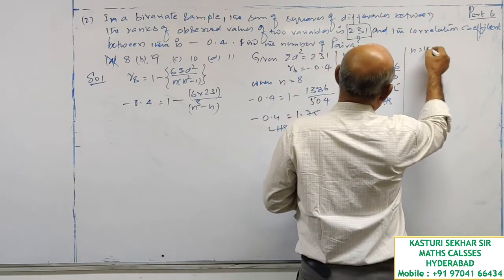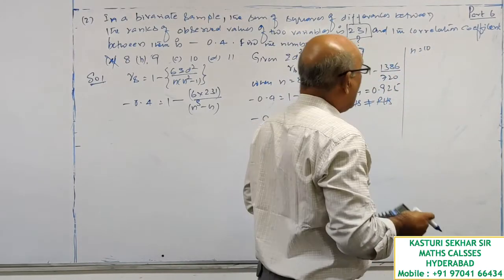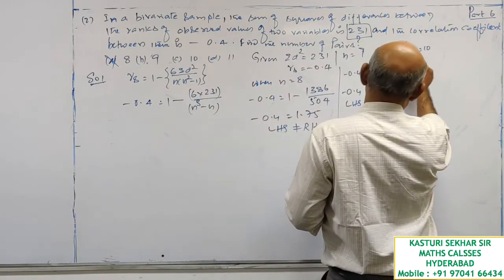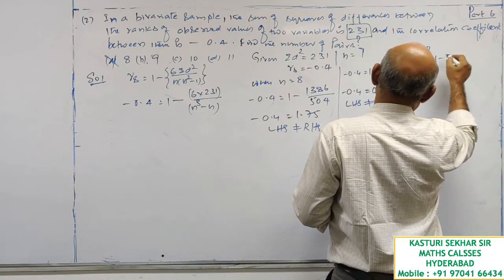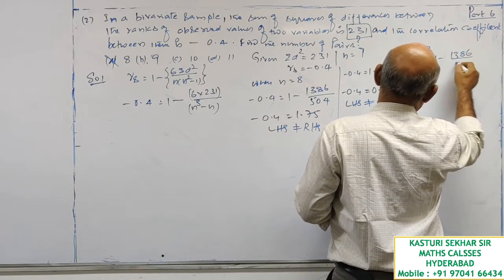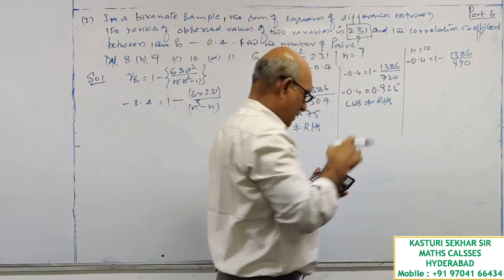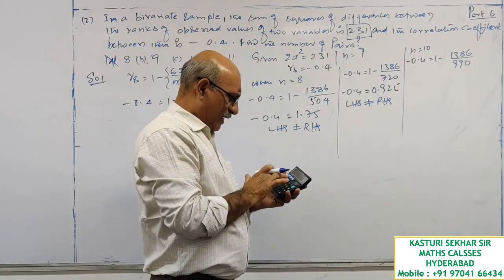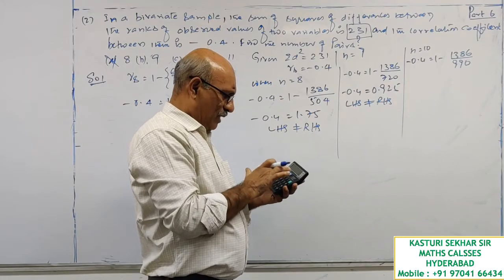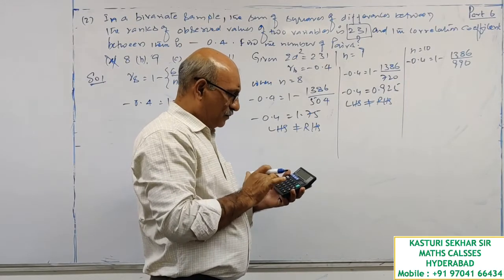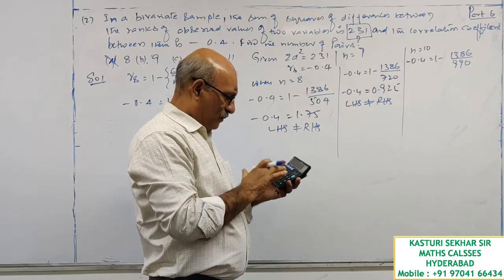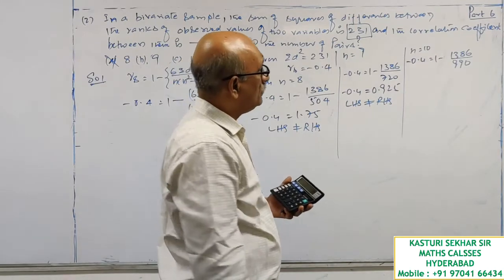Let's go for n is equal to 10. Minus 0.4 is 1 minus 1386 divided by 990. This is 1.4, minus 1 is minus 0.4.